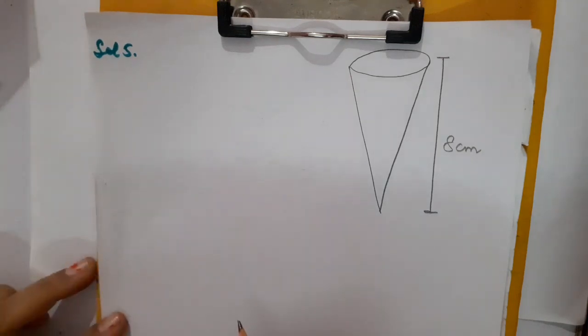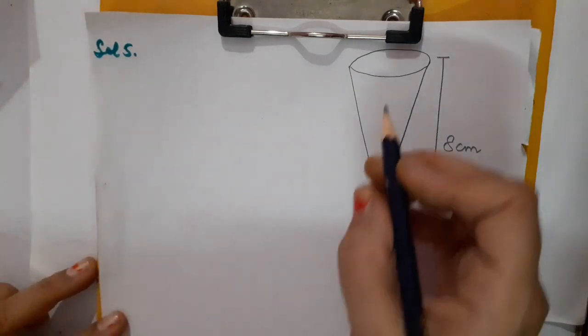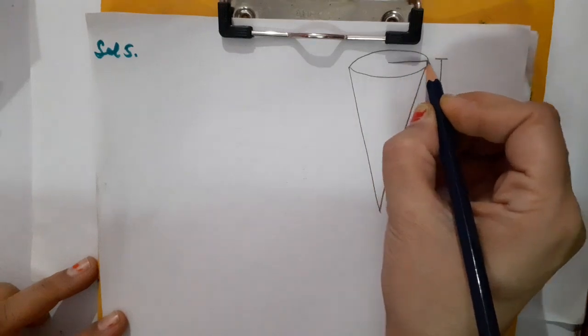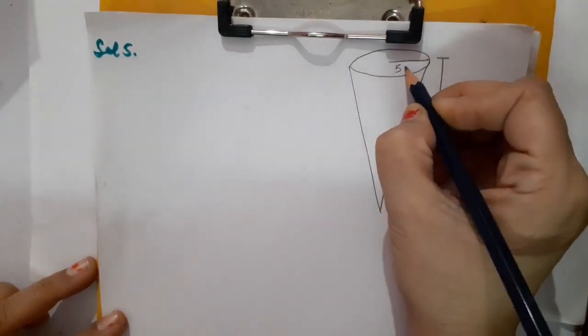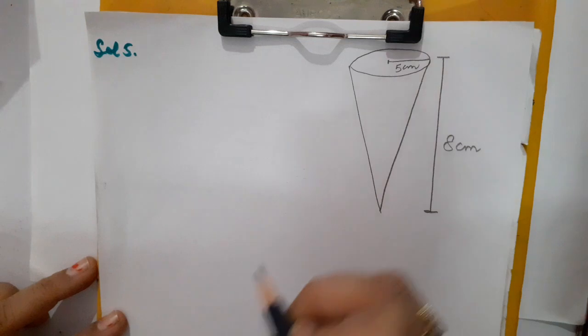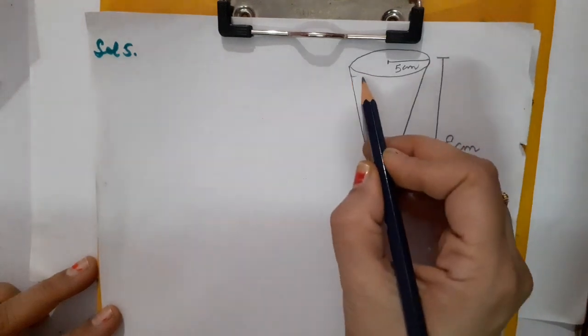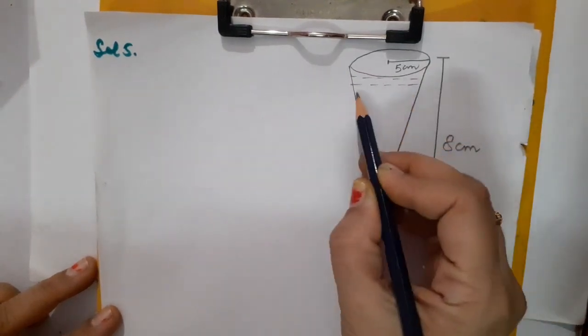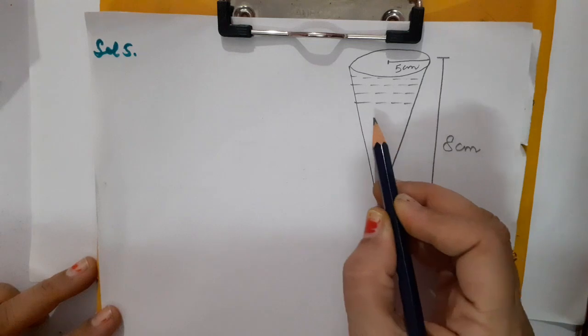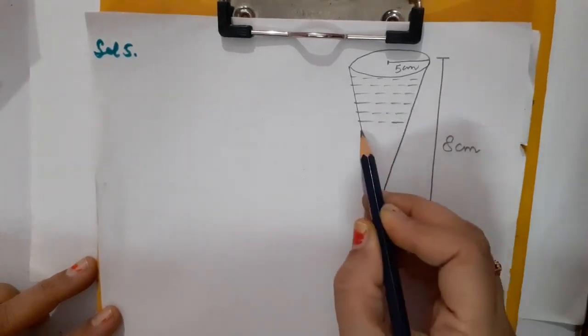The radius of its top, which is open, is 5 centimeter. It is filled with water up to the brim. Means up to this top level it is filled with water.